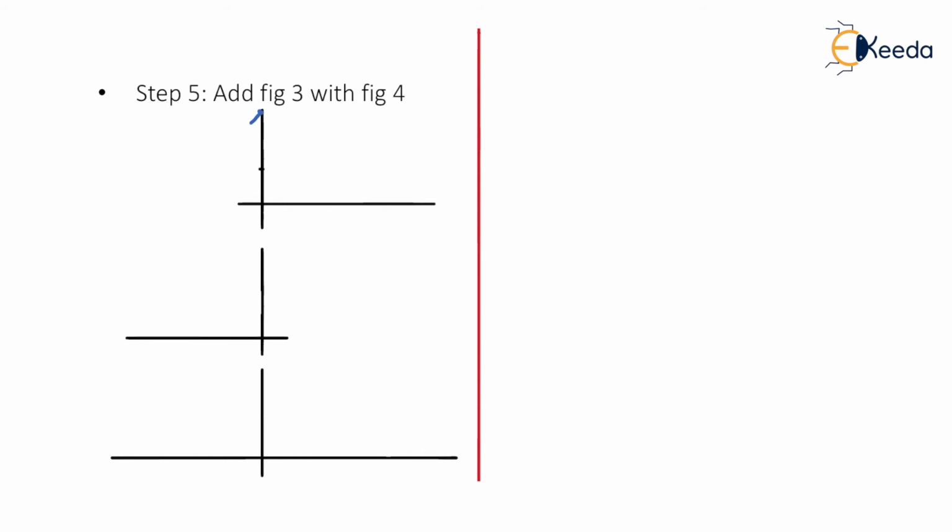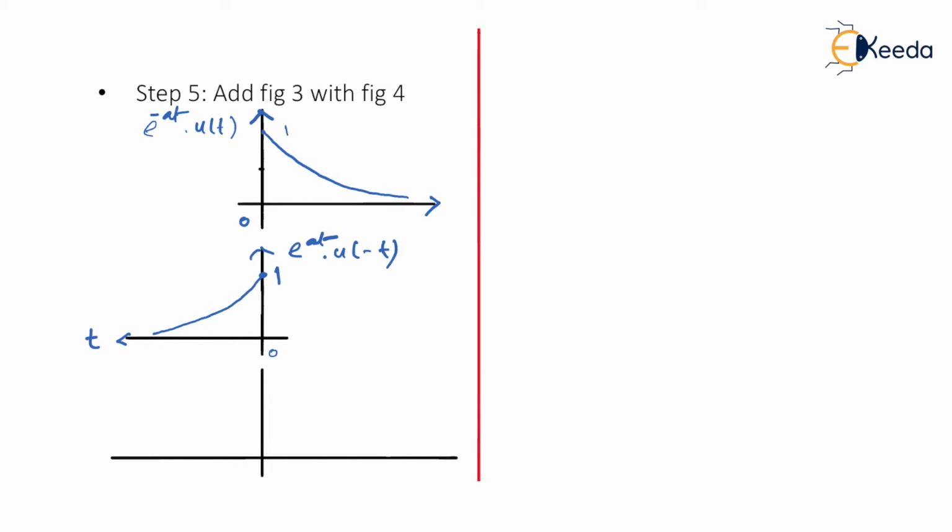So let me remind you what figure 3 was. Figure 3 was e to the power minus a t u of t. It was like this. Also figure 4 was e to the power a t u of minus t, and we got this type of characteristic here.